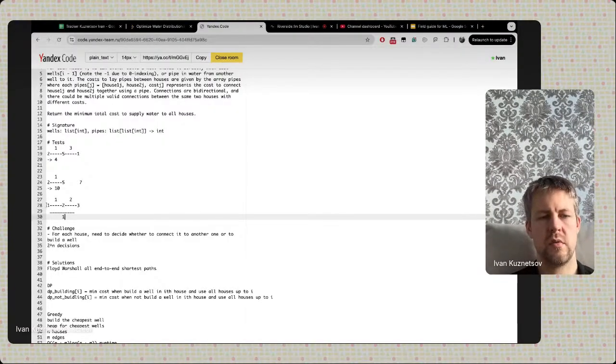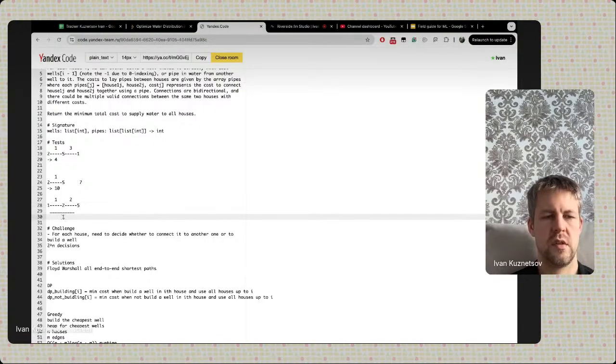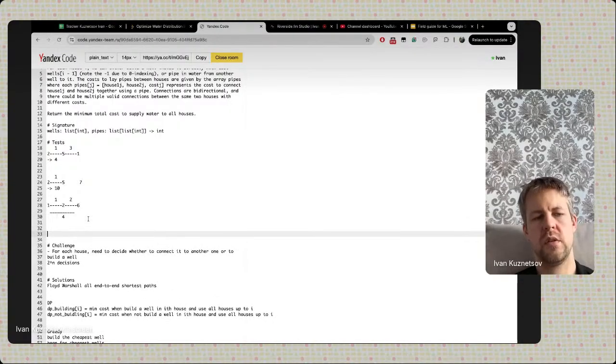So what would be the total cost here? We are expanding from 1, and here the cost will be 1. And then we are adding both neighbors, let's say it's 5. 1 plus 1 plus 2 is 4. 1 plus 6. So to demonstrate what I'm trying to say will be this.